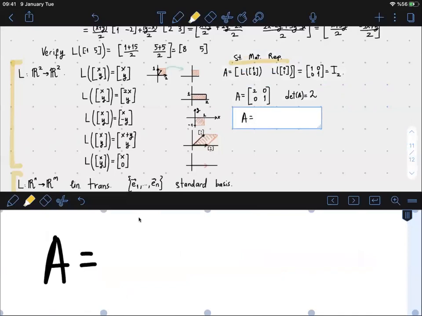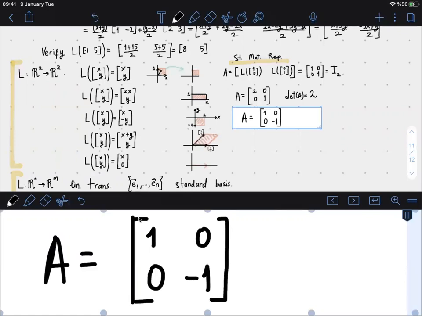What is A here? What is the image of 1, 0? The image of 1, 0 is 1, 0. The image of 0, 1 is 0, minus 1. So its determinant is minus 1.